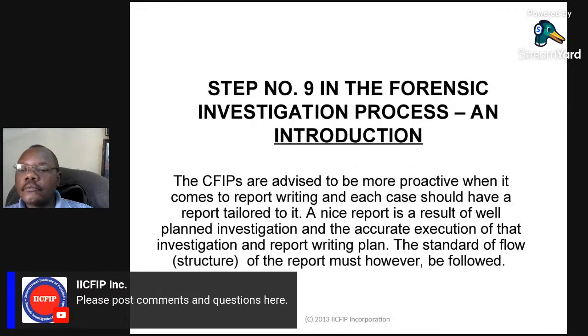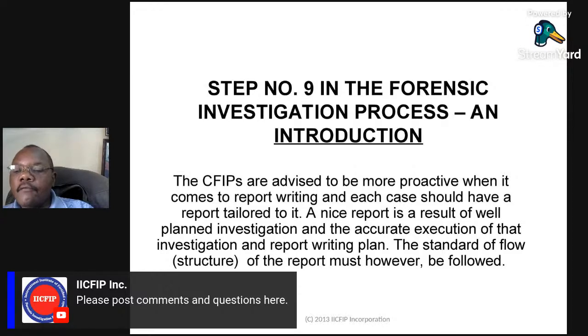Then section 2 of the report, executive summary of findings. The executive summary, you would realize that forensic reports can be very, very big, depending on the complexity of the assignment. So the management or the hiring authority and even the whole world will be interested in the summary of findings.